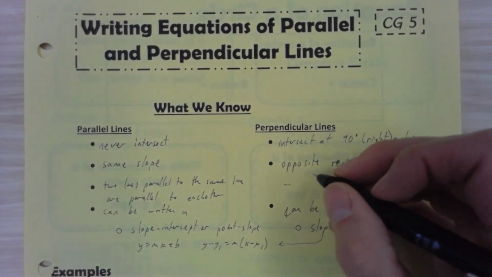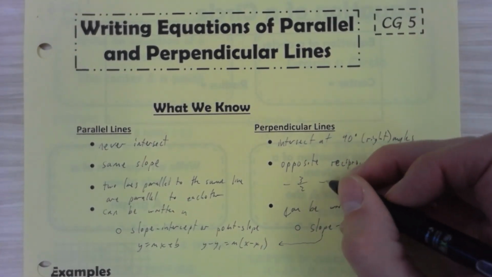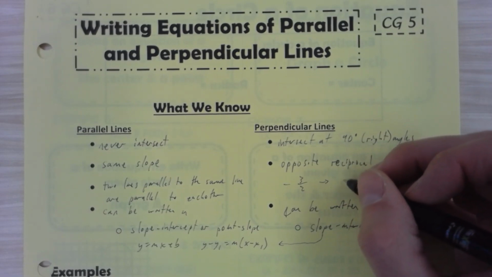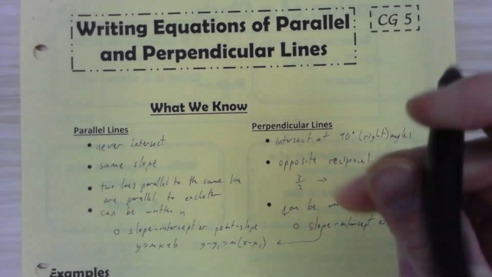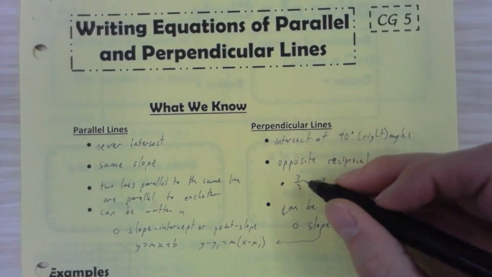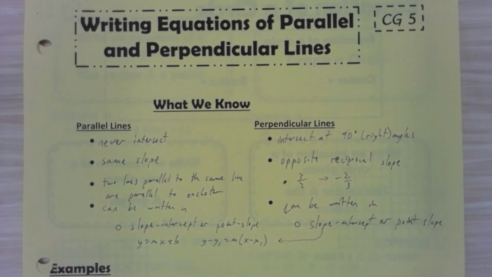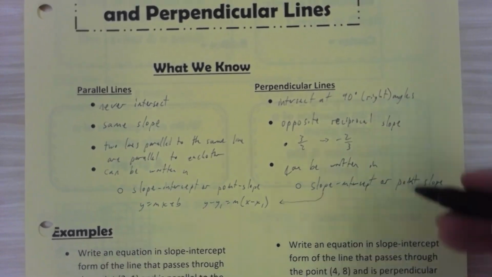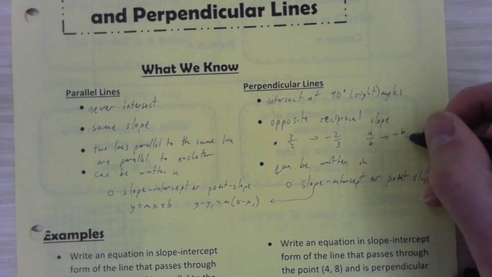So, for example, the opposite reciprocal of 3/2 is a negative 2/3. To generalize that, a over b has the opposite reciprocal negative b over a.